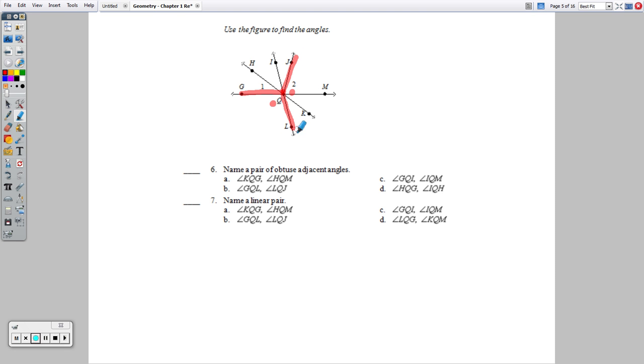This one definitely is bigger than 90. So they're both obtuse, and they have this side right here. I'll put that in blue. They have this side in common. So they have this adjacent side. They are adjacent angles then. So it looks like choice B on this one is the correct choice. Let me get rid of all that stuff there. But choice B, that's going to be the right choice here.